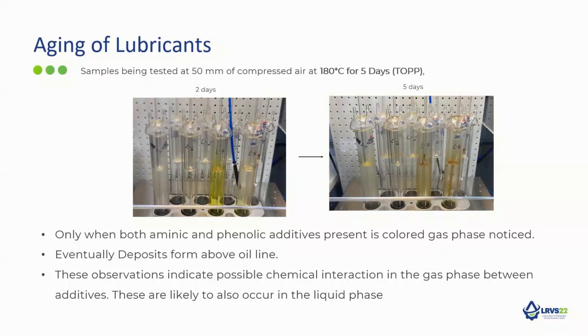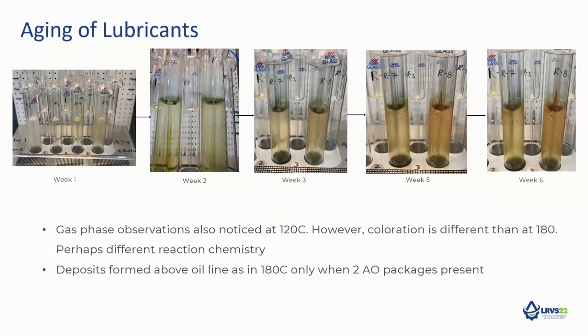These observations indicate possible chemical interactions in the gas phase between additives and are likely to occur in the liquid phase as well. Recall a few slides back where we witnessed an additional peak when comparing 2% and 4% additive mixtures in group 2 base oil. Gas phase observations were also noticed at 120 degrees centigrade as well.